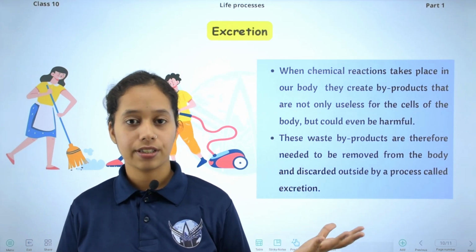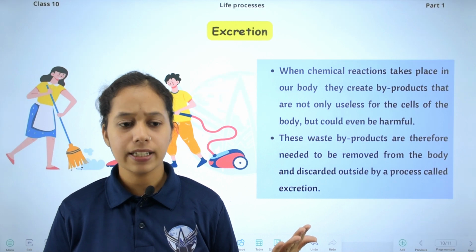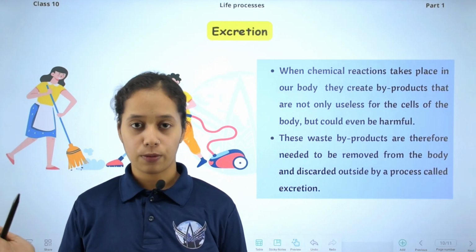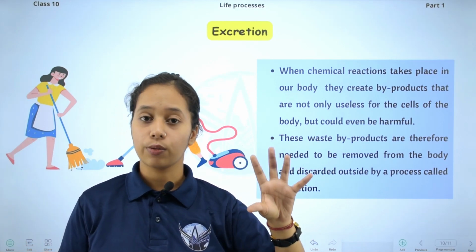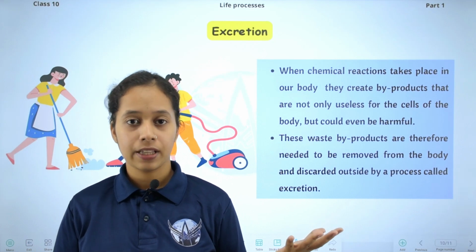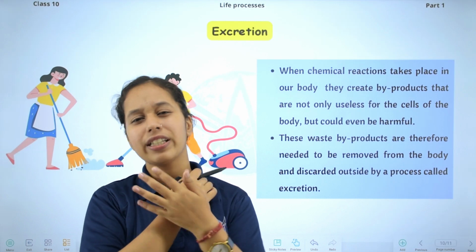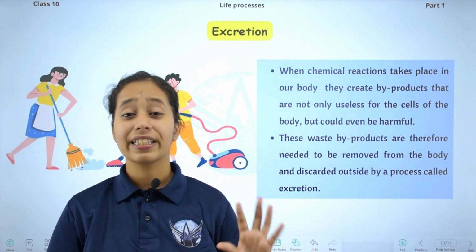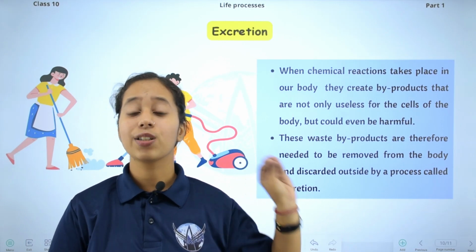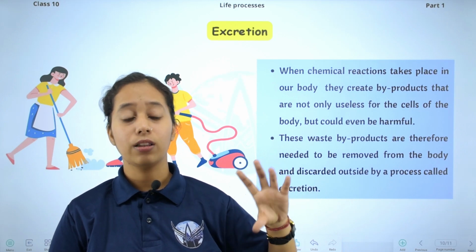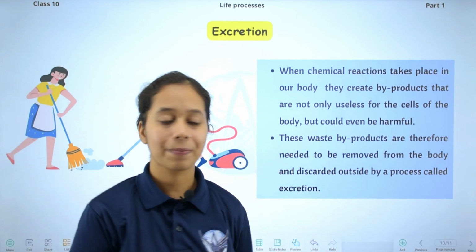like chemical reactions. And when a chemical reaction takes place, many byproducts are formed. There is one product which is very useful for our body, and along with that product, we find many other byproducts which our body does not need. These are waste, useless byproducts formed along with our main component.